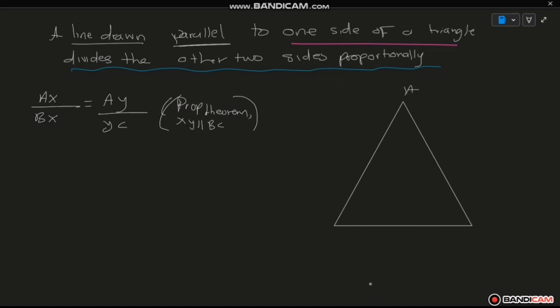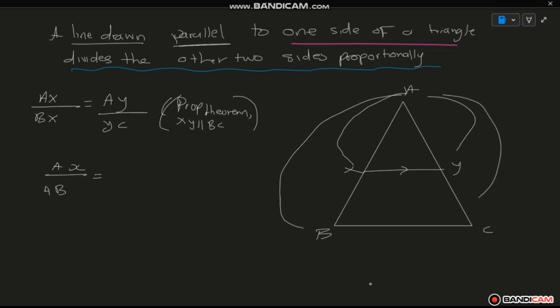Now, X and Y is a line that is parallel to BC here. So AX over AB, you can still use it in that way. AX over AB is equal to AY over AC, only if XY and BC are parallel.